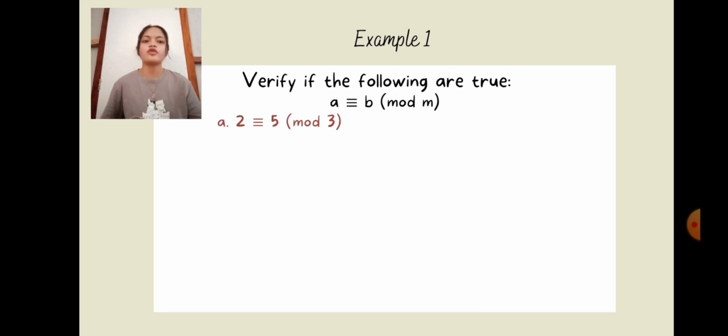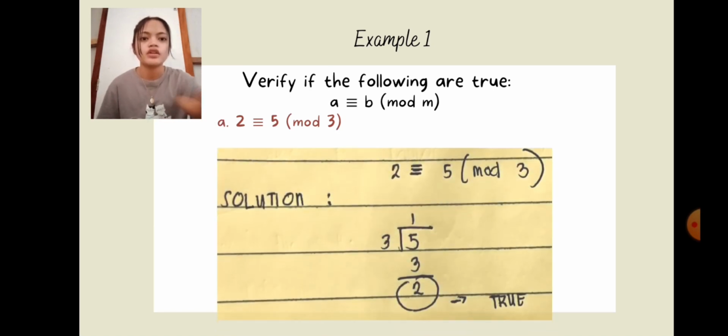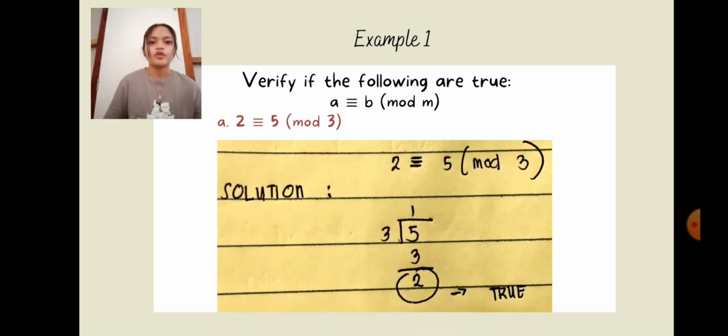In order for us to know if they are congruent, we use the division algorithm. 5 divided by 3, we have 1 as the quotient, then 2 is the remainder. So we can see they are congruent. 2 is congruent to 5 mod 3.